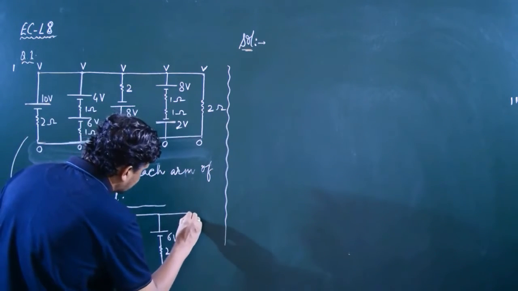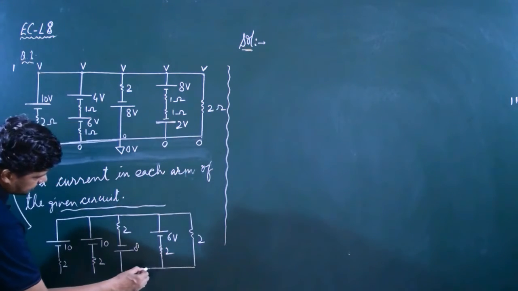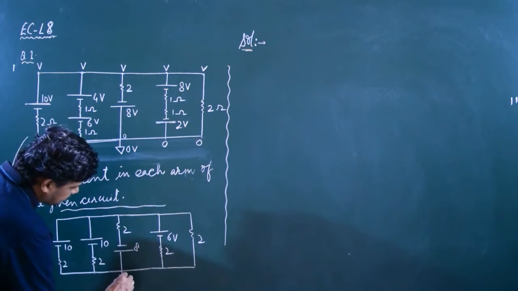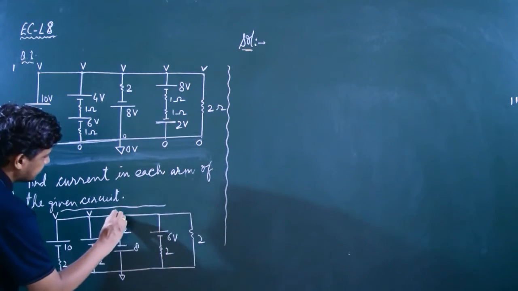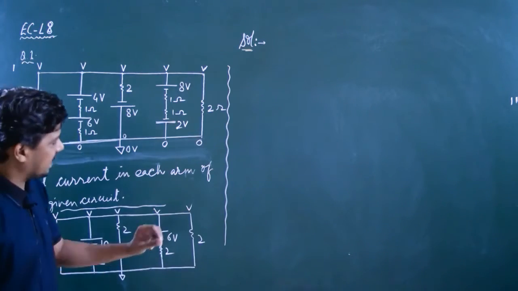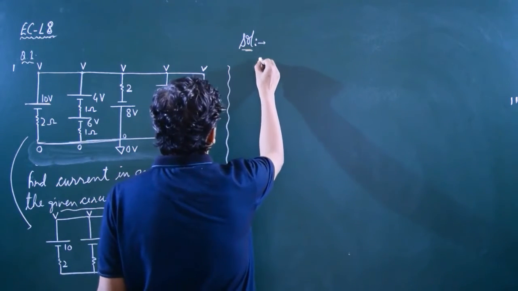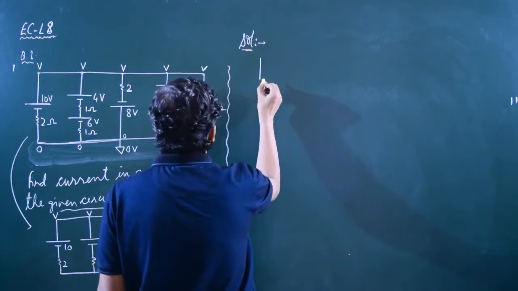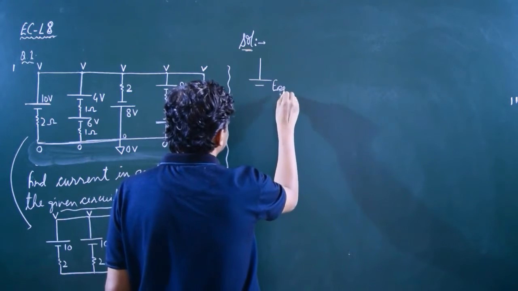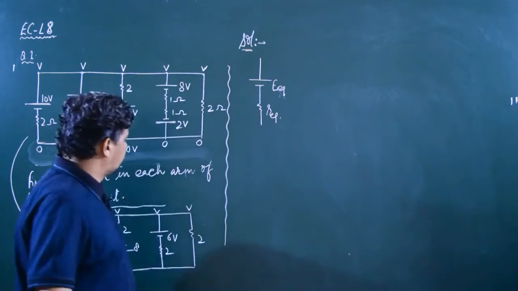Now the last arm has only a resistor and the resistance value we have is 2 ohm. These points are equipotential. Now see, these cells are parallel. Suppose the equivalent EMF of this arrangement is E equivalent, and the equivalent internal resistance is R equivalent.